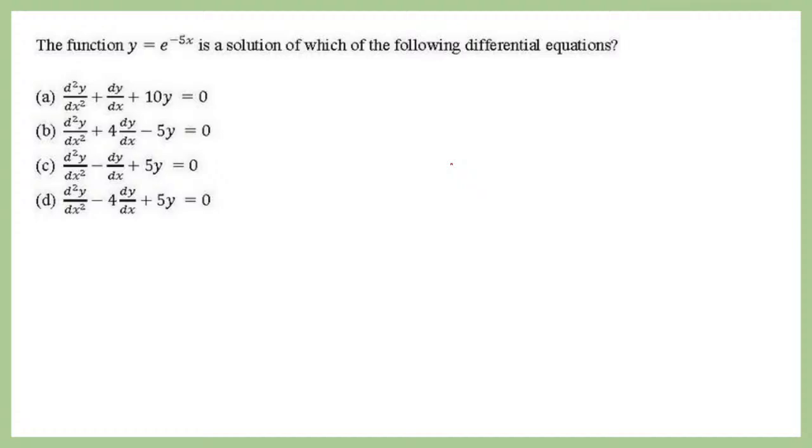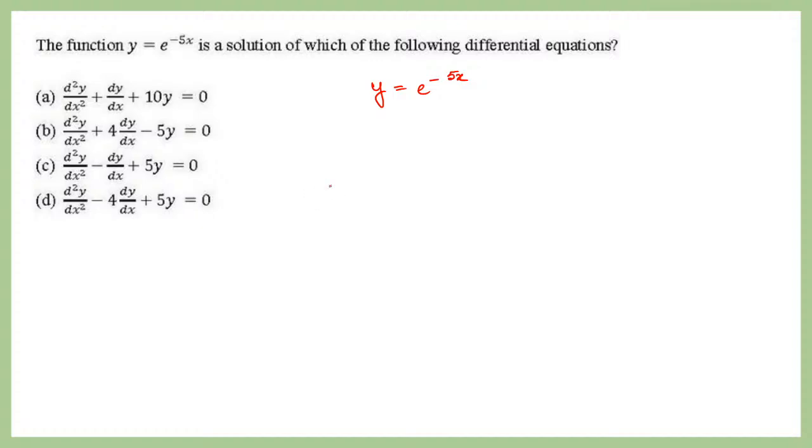So we have y given as y equal e to the power minus 5x, right? What we need to do is first differentiate y once with respect to x. Why?